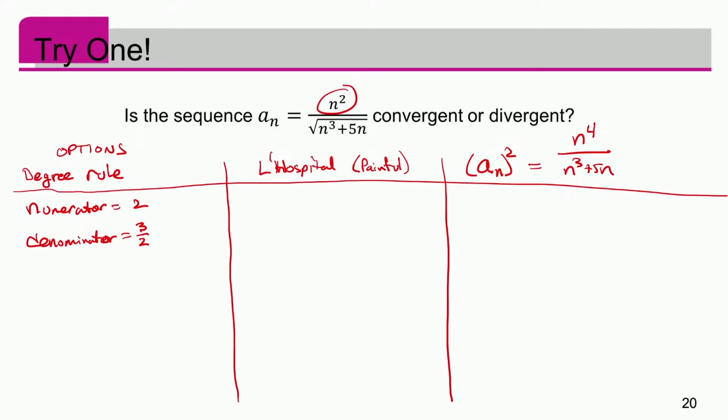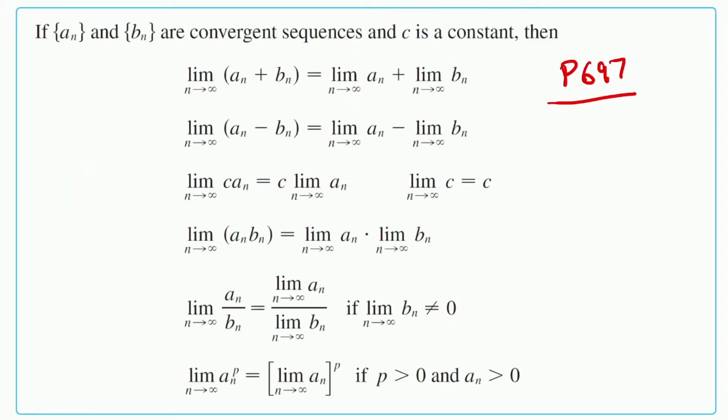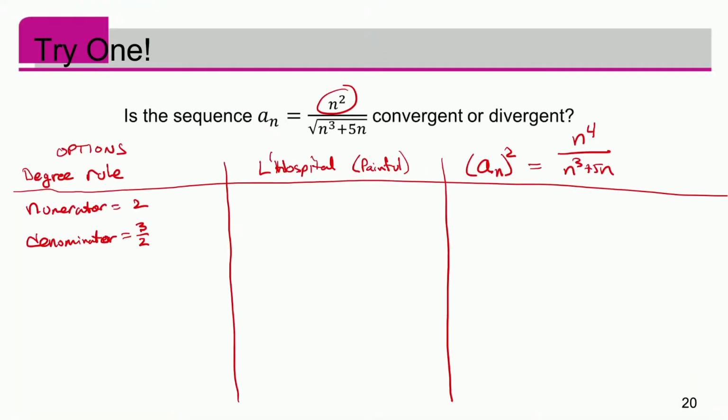So technically what I'm doing, by the way, is, just a minute, that third way, I'm not cheating, don't worry. I'm using this down here, that the limit as n approaches infinity of a sequence to some power, you can do the limit of the sequence raised to the power. And you might say, well, what is the power that you're using? Well, here, I'll show it to you once I find this again. Is this it? No, that's something scary.